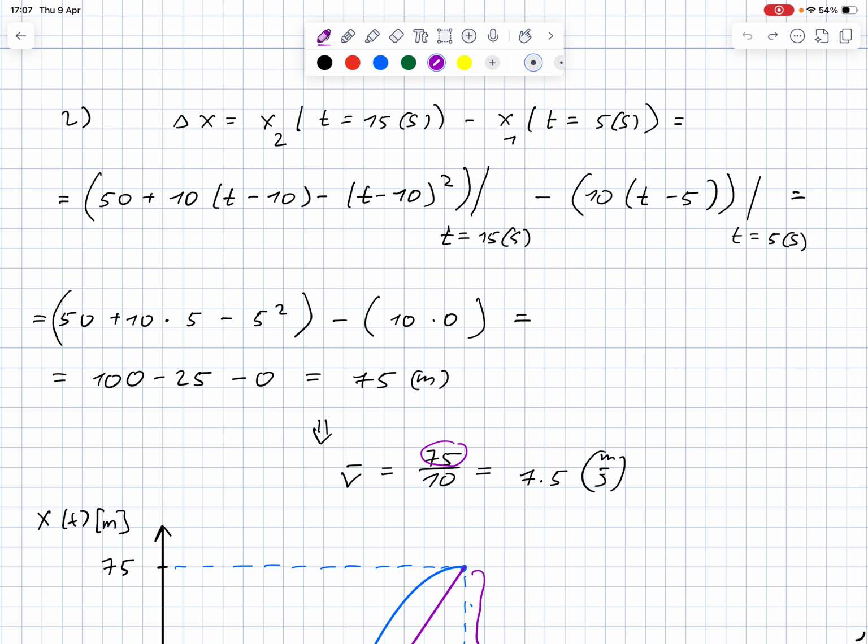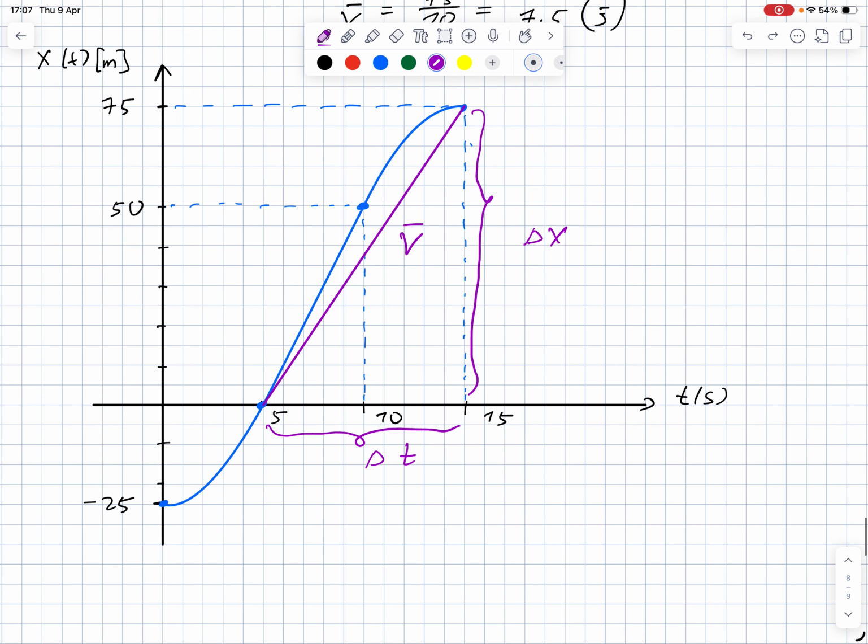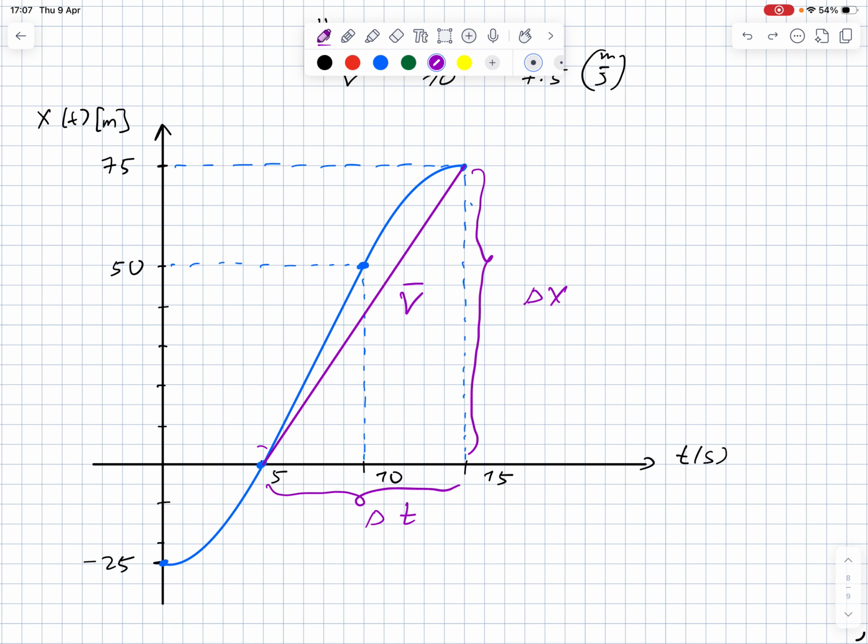Again, someone can ask you, okay, how can you add this value in the graph of x of t? You just need to take the initial point and the final point, and draw a straight line like this.